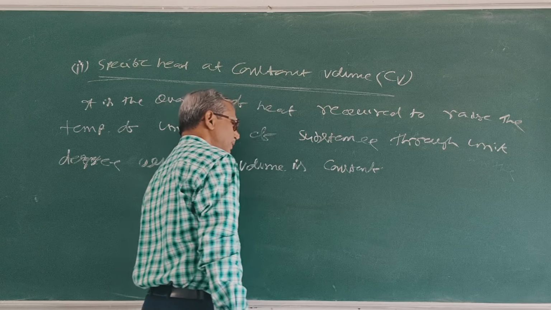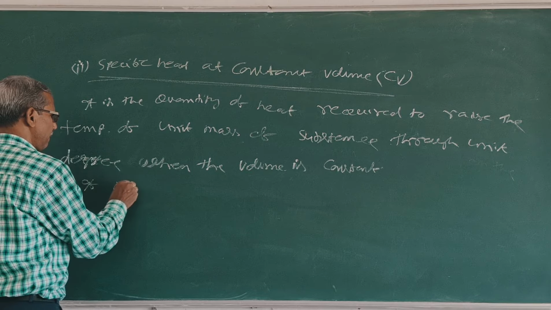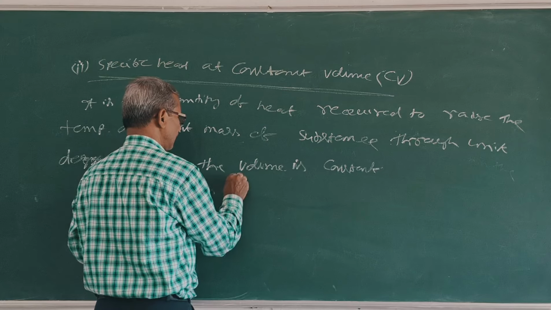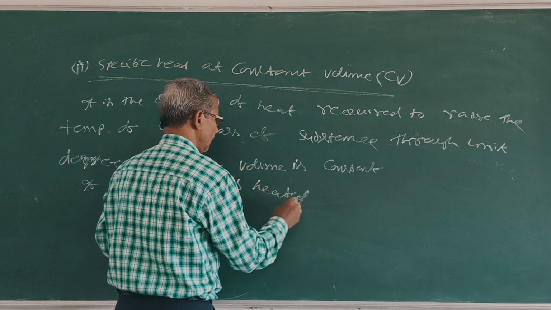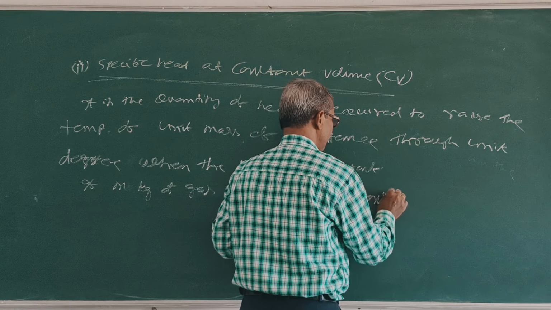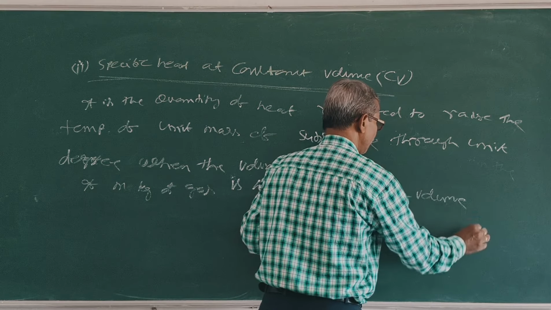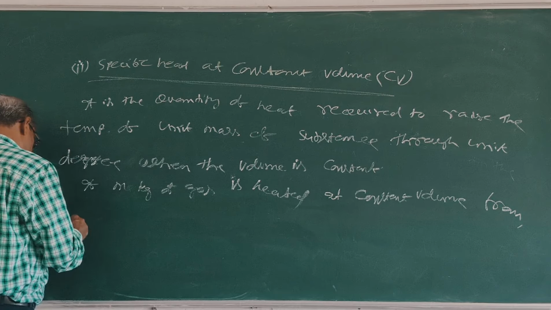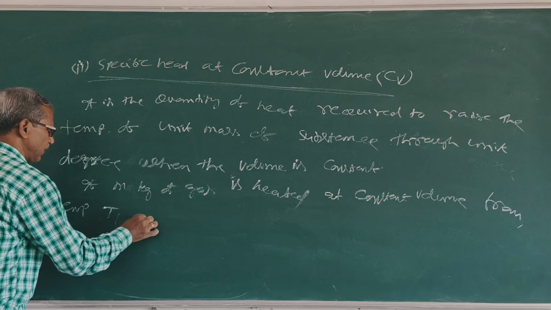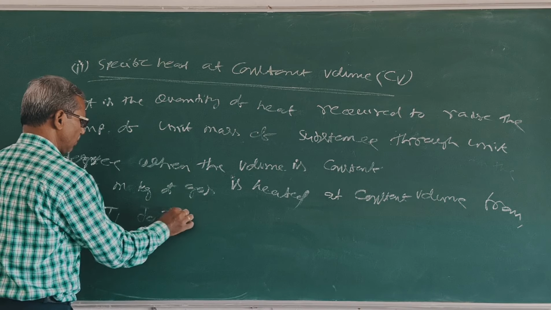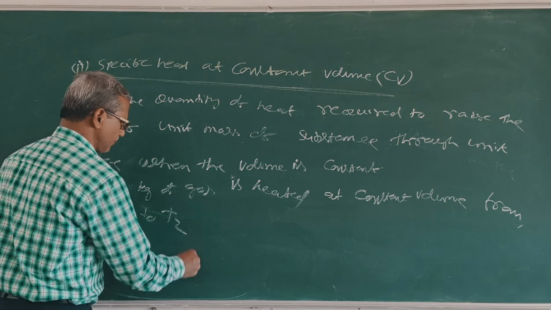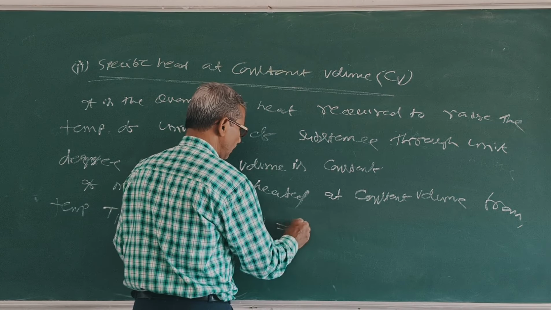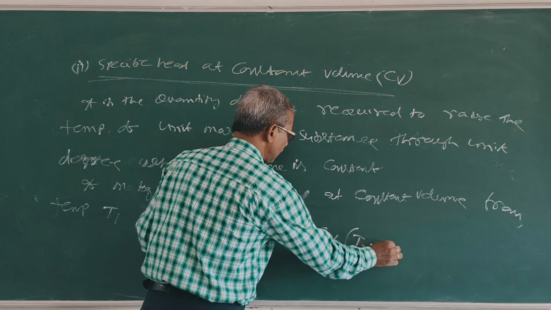Clear? If m kg of gas is heated at constant volume from temperature T1 to T2, initial T1, final T2, then the total heat Q is equal to m Cv (T2 minus T1).